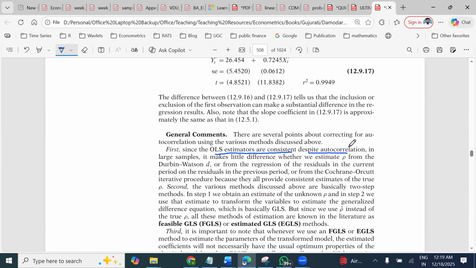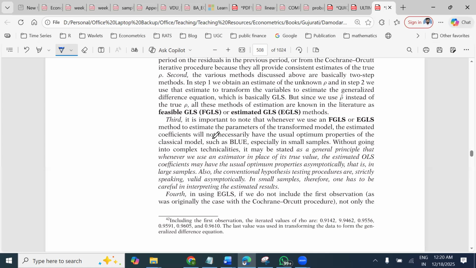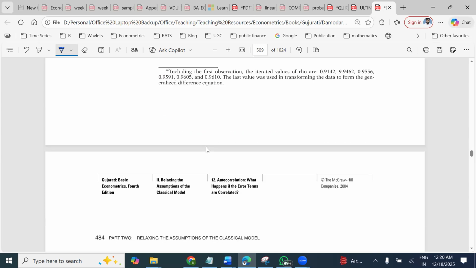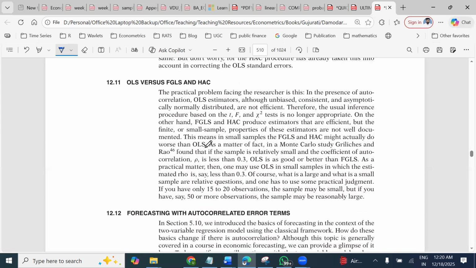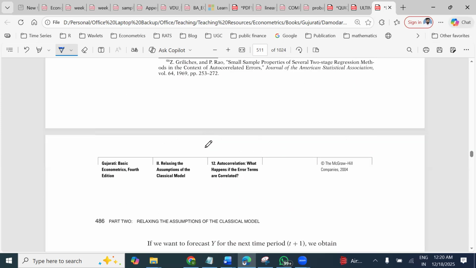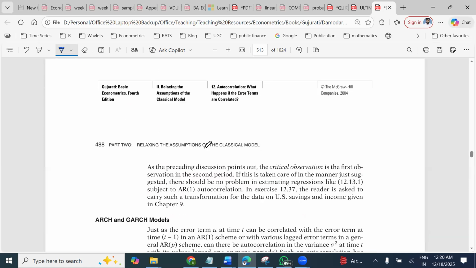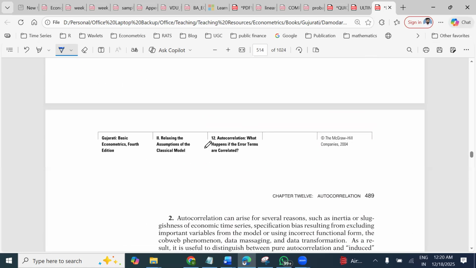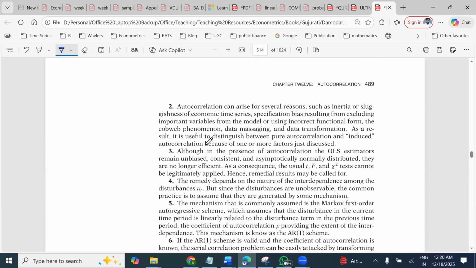Are you getting my point? Clearly written, right? Maybe somewhere it will be written. Forecasting. I'm just checking the final sentence. Summary, let us see the summary.